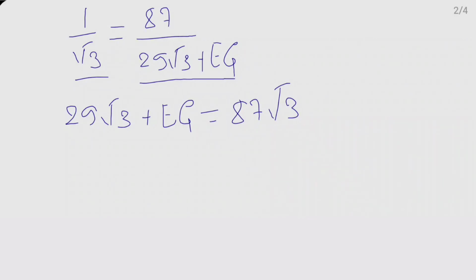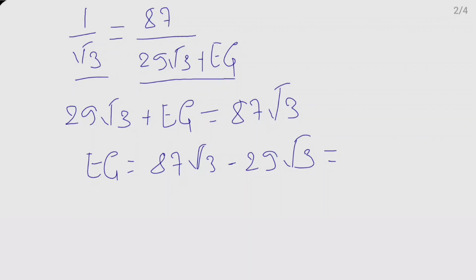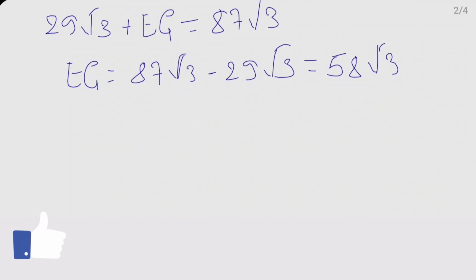So now EG equals 87 root 3 minus 29 root 3, and make this minus. 87 minus 29 is 58 root 3. So here EG is equal to 58 root 3.